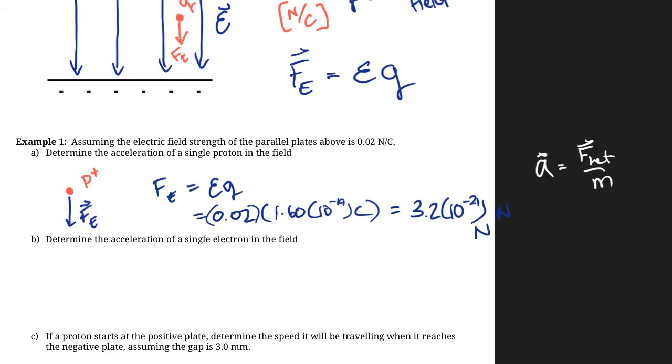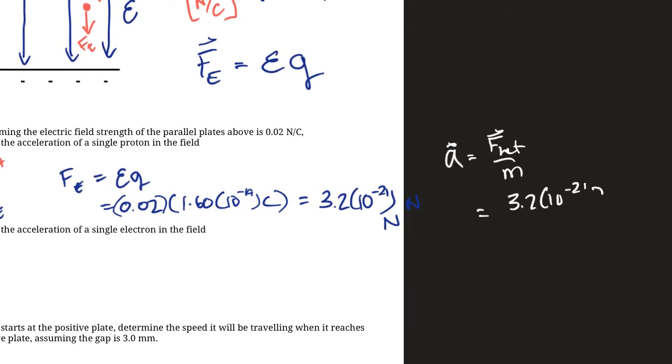So we need the mass of a proton. And that's another thing that you can look up. And the answer to that is 1.6. So we'll plug that in. The F net is 3.2 times 10 to the negative 21 newtons. And then the mass is 1.6 times 10 to the negative 27 kilograms.